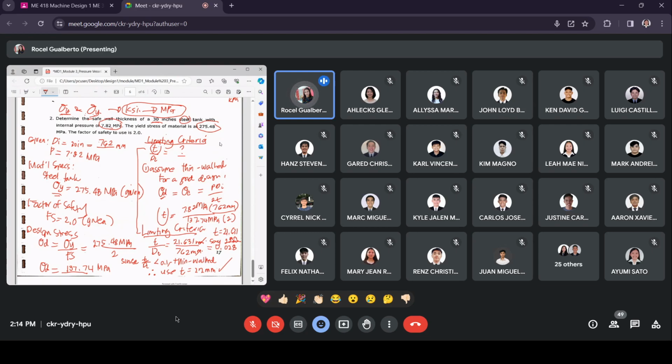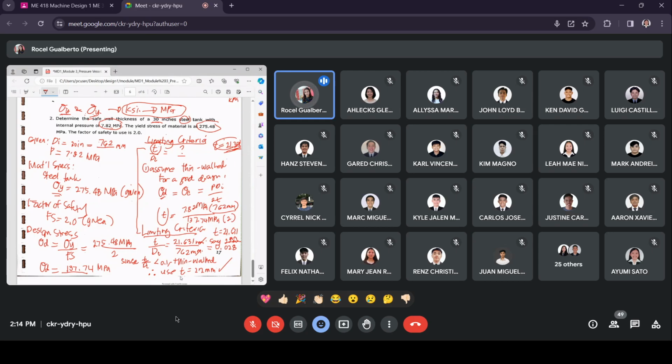Even if you obtain there the thickness is 21.358, even though it's less than, or if you are to round this off, it would be most likely 21, but then you will be using the next higher number, so that's the same 22 mm for this case. Naintindihan po ba?